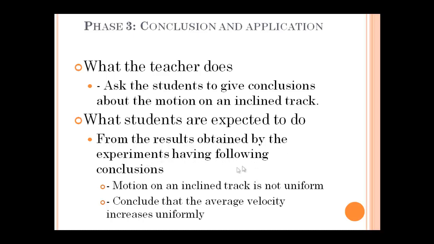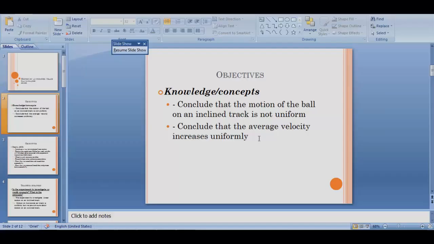So they have to conclude that the motion on an inclined track is not uniform, and conclude that the average velocity increases uniformly. Alright, so that is my plan of teaching this experiment, and now we get to the actual experiment that I did.